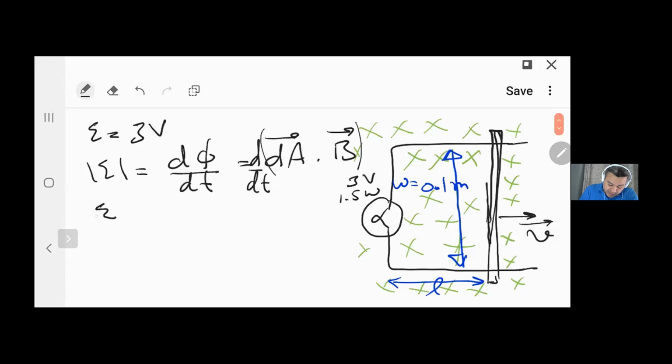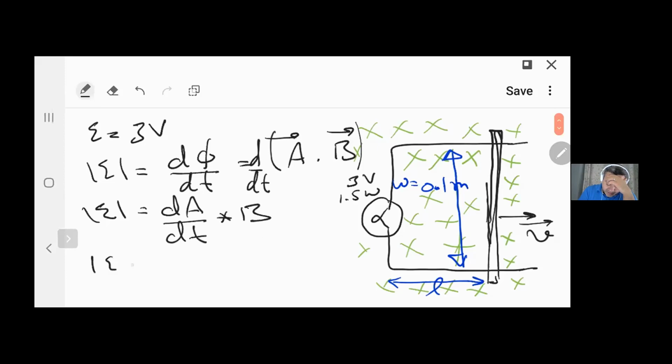So I have here the electromotive force equals dA over dt times B, right?